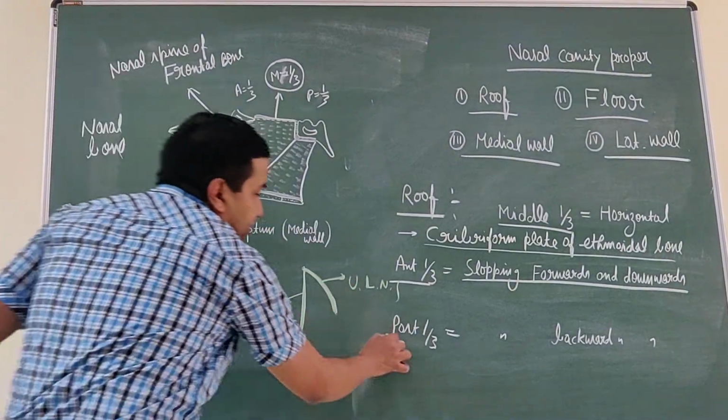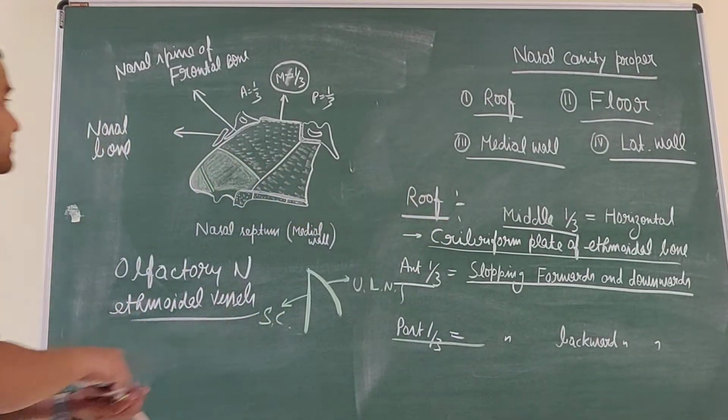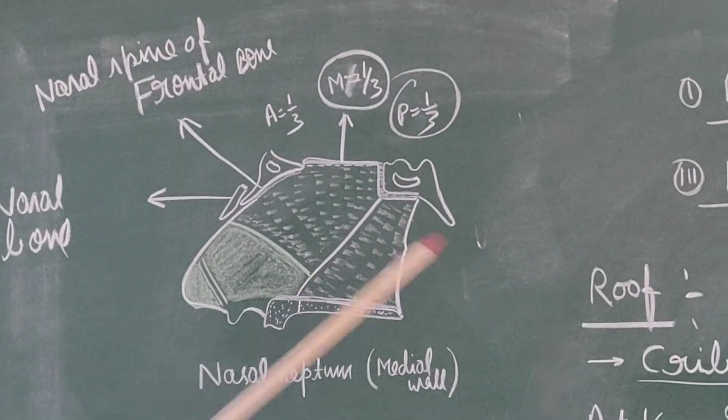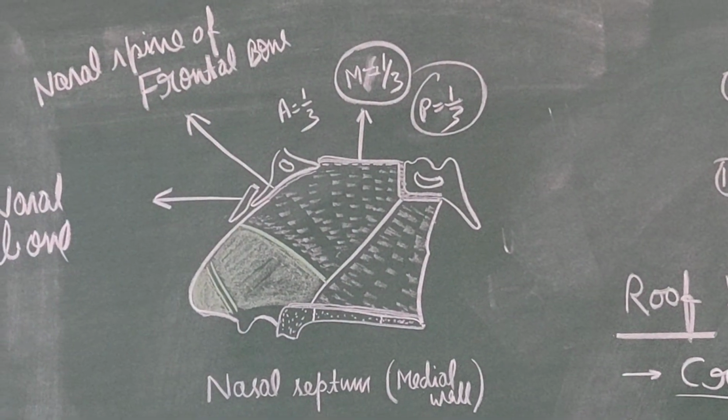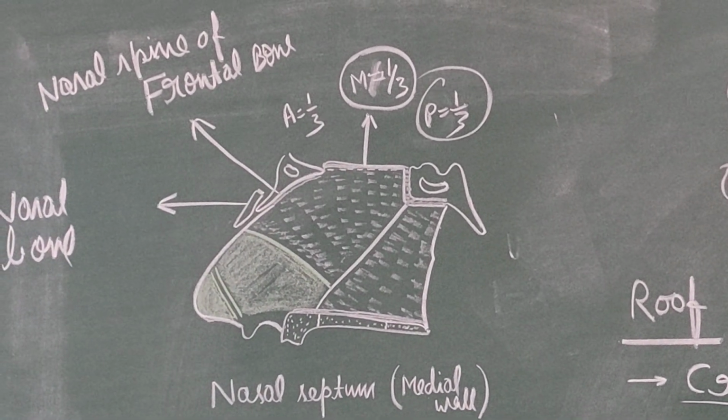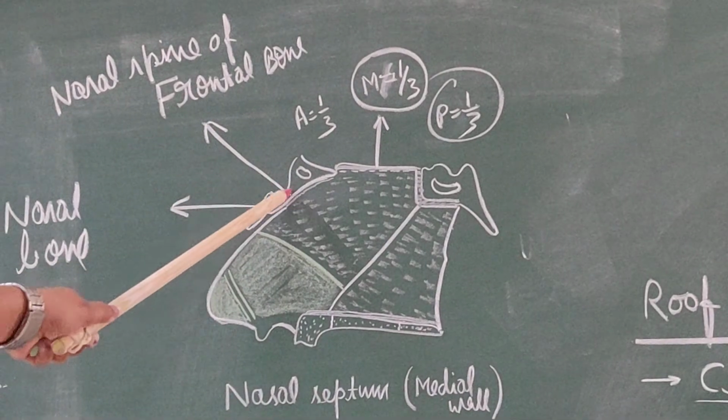Now the posterior 1/3. This posterior 1/3 is also sloping, downwards and backwards, just opposite to the anterior 1/3.